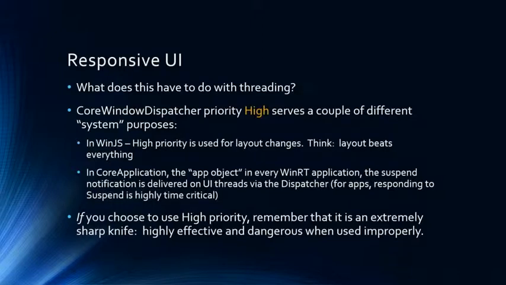And so it tries to get the layout changes done quickly. The core application object actually supports suspend, which is a state that applications get into, and there's a time limit on suspend. Once an application gets a suspend notification, there's a short amount of time to do housekeeping and then get ready to be suspended. We deliver that with high priority.